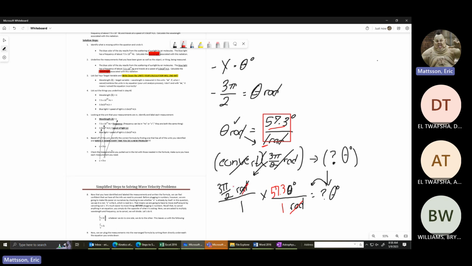What we do here is we just multiply across. So we're going to have 3 pi halves times 57.3, and on the bottom in the denominator, 1 times 1 is obviously going to be 1.